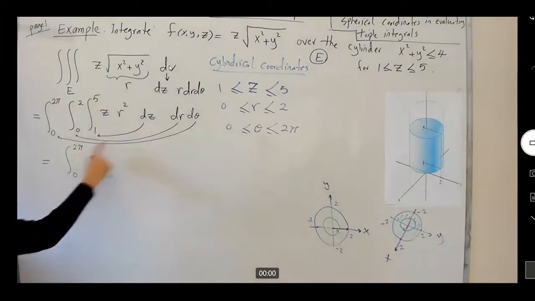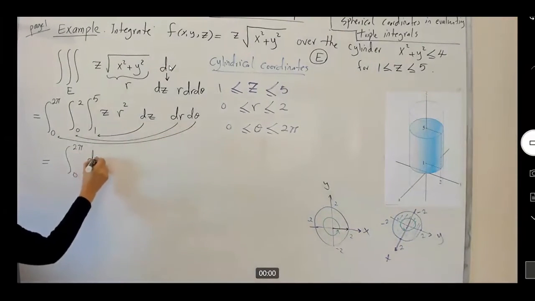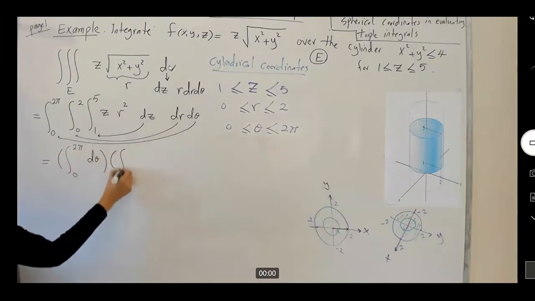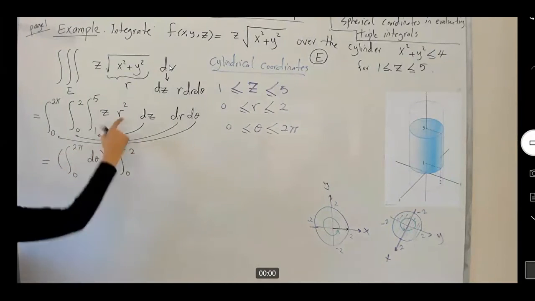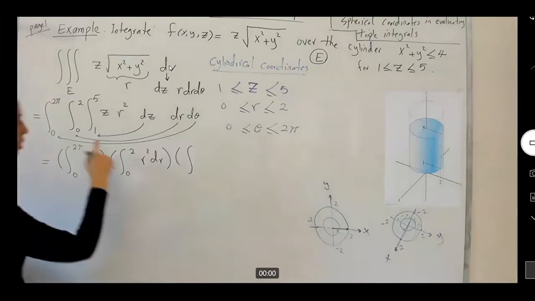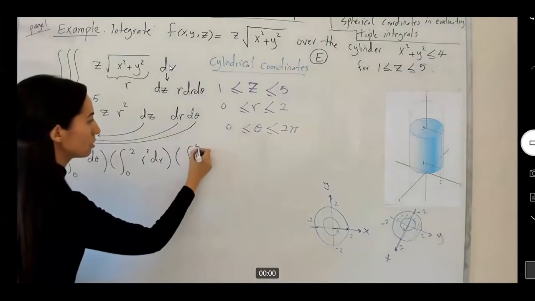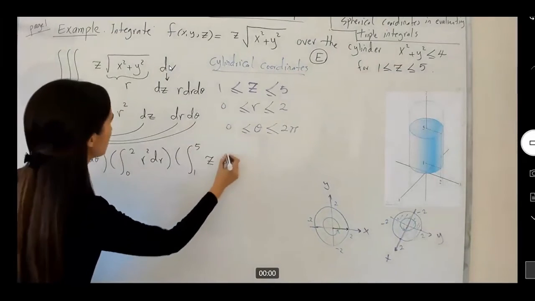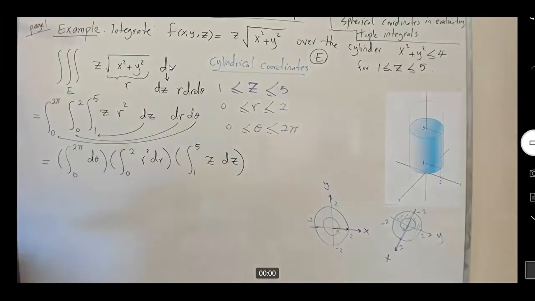So 0 to 2 pi for d theta, times 0 to 2 of r squared dr, times the integral from 1 to 5 of z dz. Very well. Yes, it's in polar coordinates. Very good.